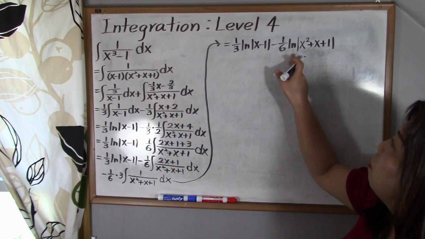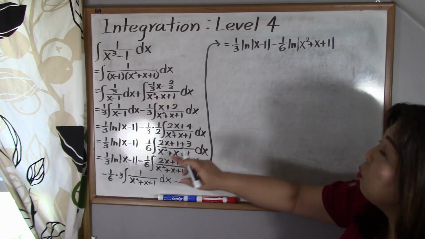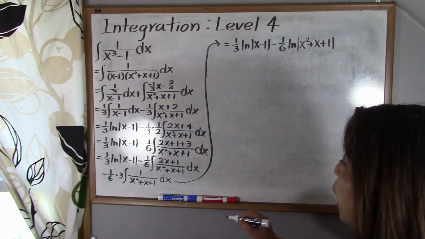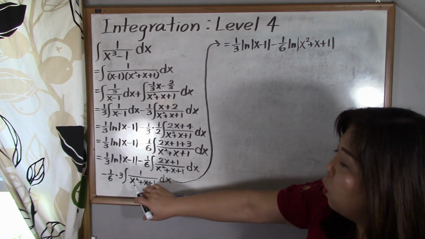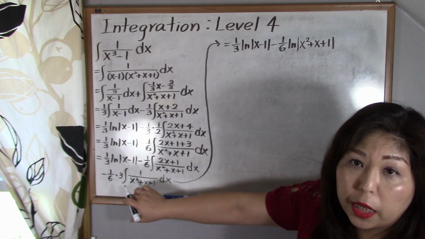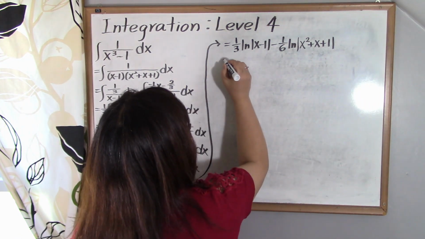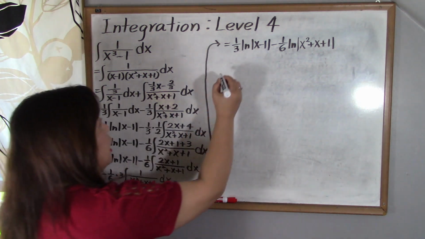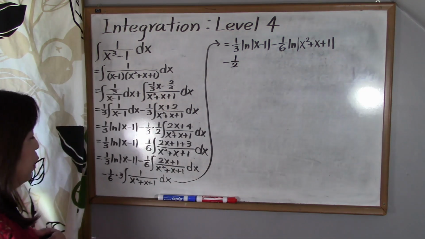If you take a derivative of this one, this is going to be this, right? Chain rule, okay? And the next one, this one. So the strategy is we are going to make the denominator squared, okay? So let's do it. So negative 1 over 6 times 3 is negative 1/2, okay?